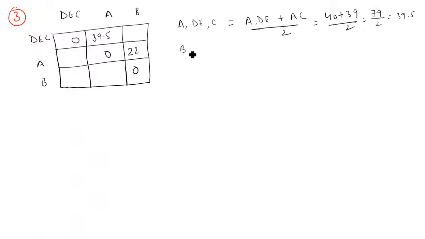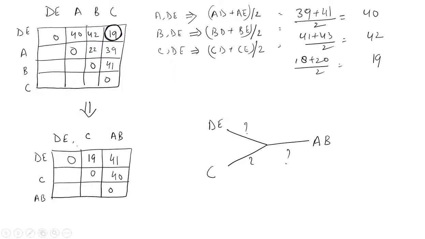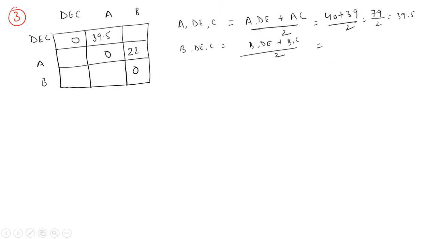Same for B comma DE comma C: B comma DE plus B comma C divided by 2. BDE is 42 and BC is 41. So 42 plus 41 divided by 2 becomes 83 divided by 2, so it is 41.5.